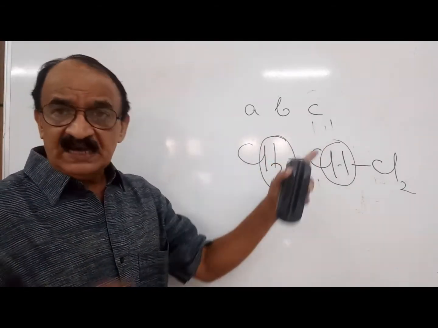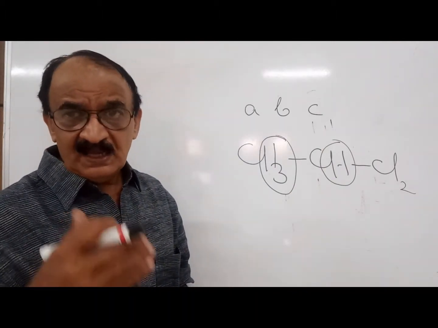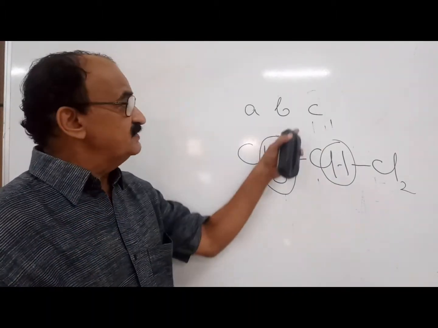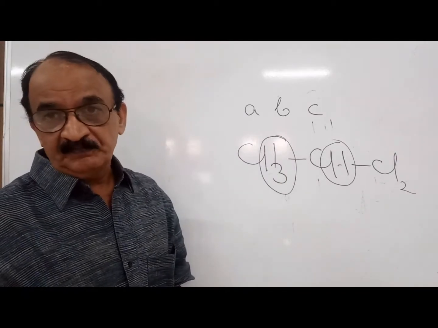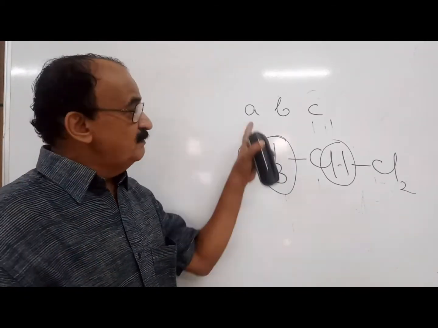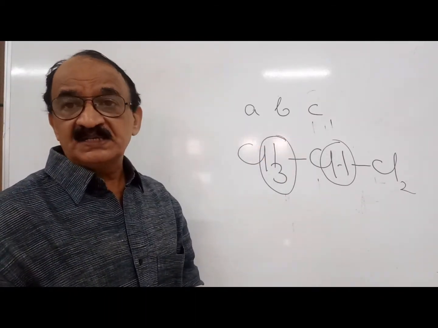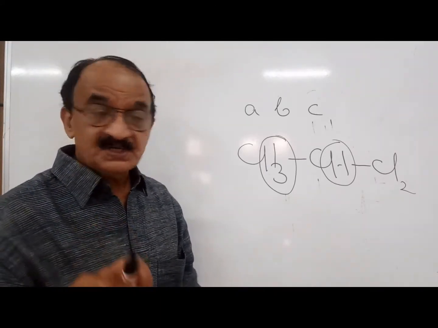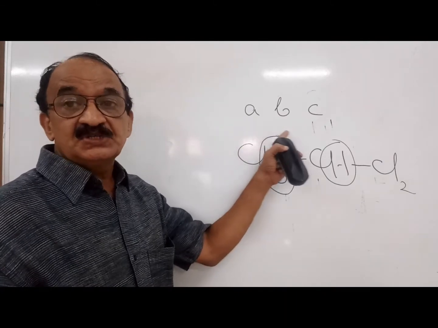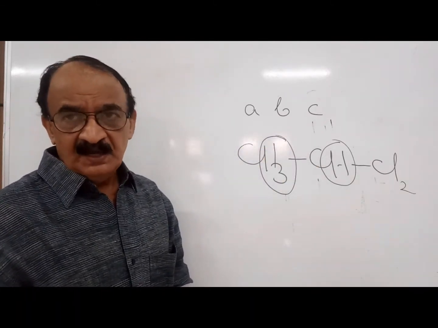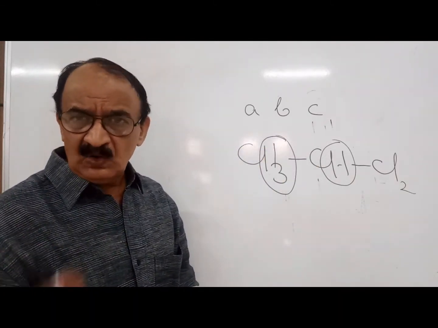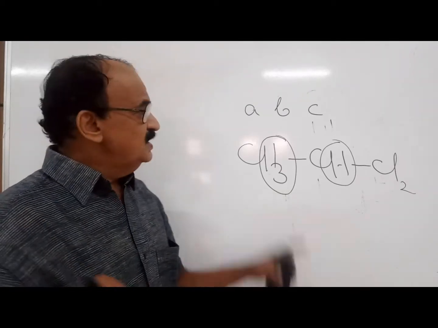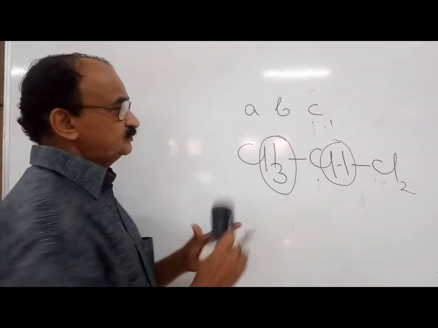And C is another set of protons. The chemical environment of that set of protons is different from A and also B. So depending upon the number of sets of protons, we will get signals. So the number of signals given by a compound depends on what? On the number of sets of protons. Okay? The number of signals given by a compound is equal to the number of sets of protons.